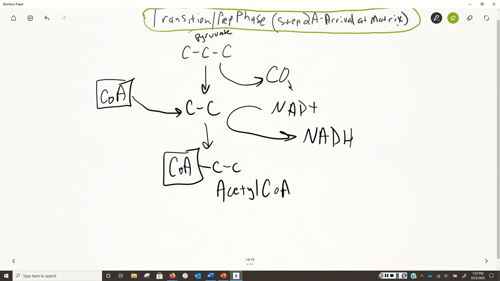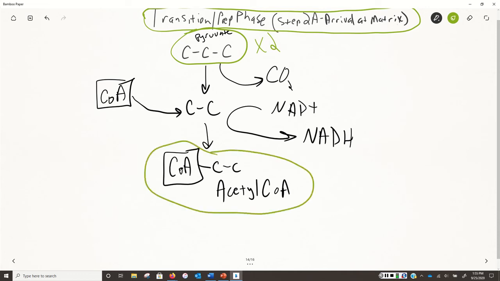We start with a molecule of pyruvate times 2, because remember, the same thing is happening to that other pyruvate that we produced. We end with an acetyl-CoA times 2.